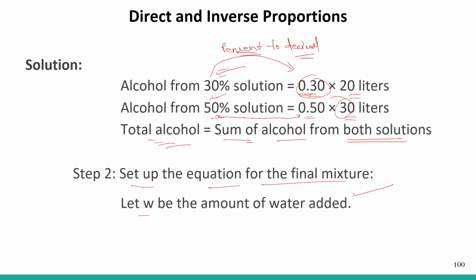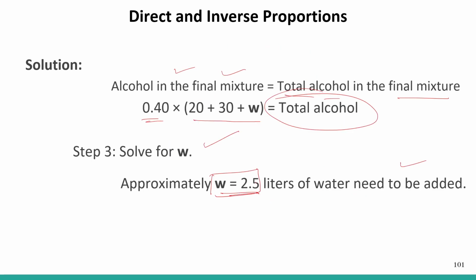Total alcohol is the sum of pure alcohol from both solutions. Setting up the equation for the final mixture, with W the amount of water to be added: 0.40 into (20 + 30 + W) is equal to total alcohol. Solving for W, we are left with W equal to 2.5 liters of water.